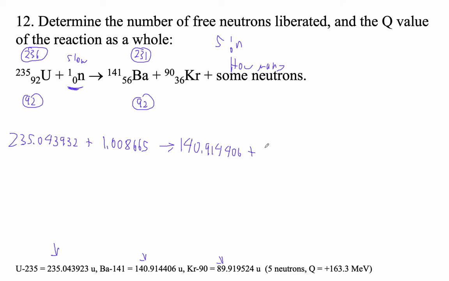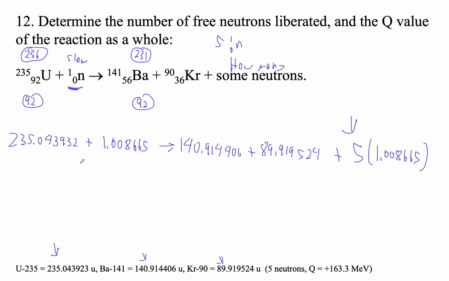Plus this guy is 89.919524, and then 5 neutrons, so 1.008665. And that's the most common mistake people make, is you just get the number of neutrons wrong.